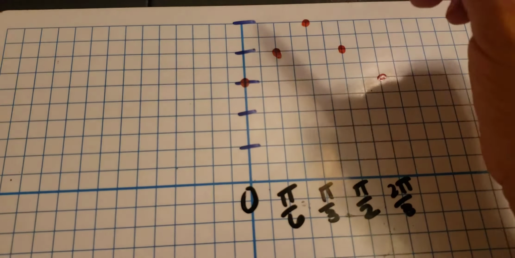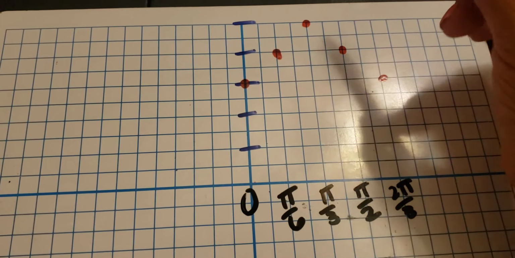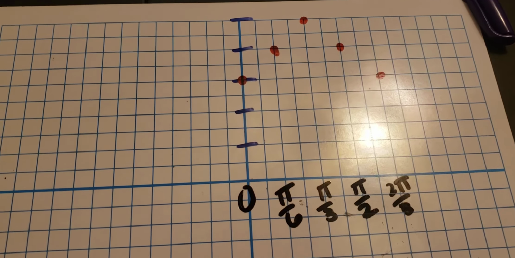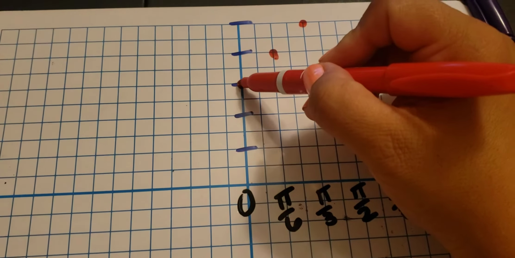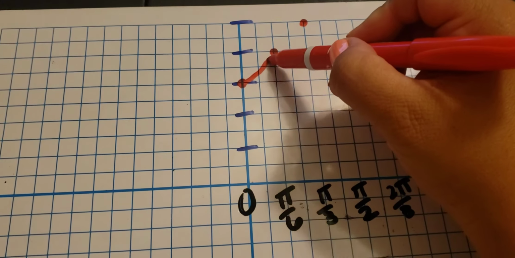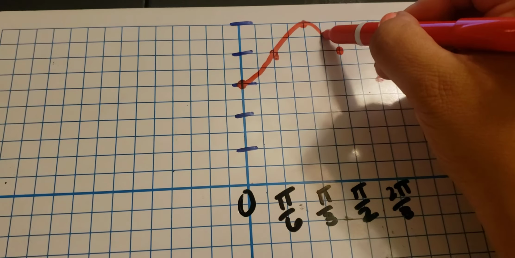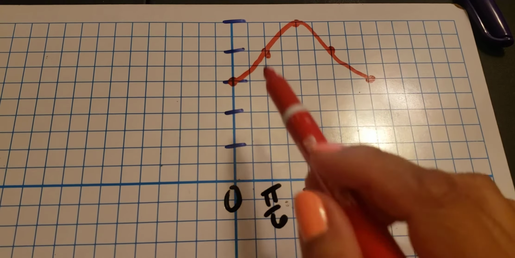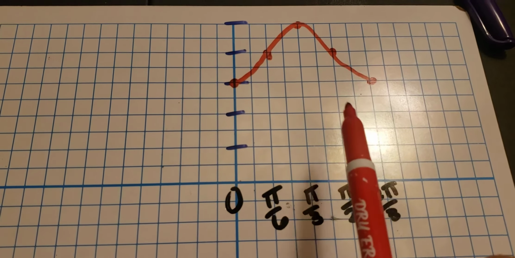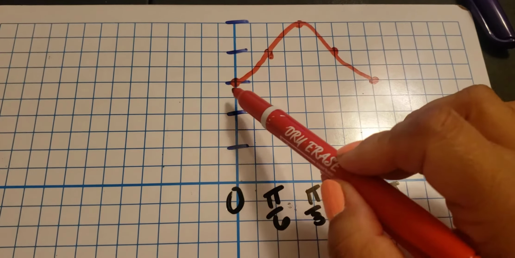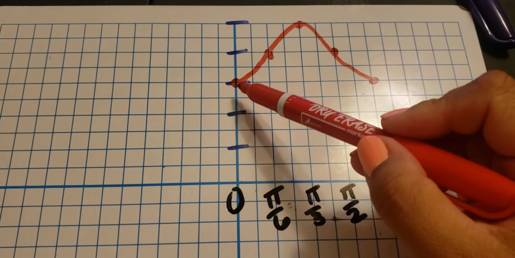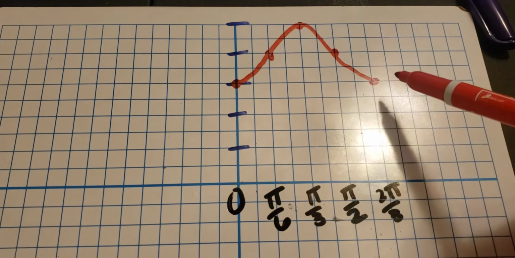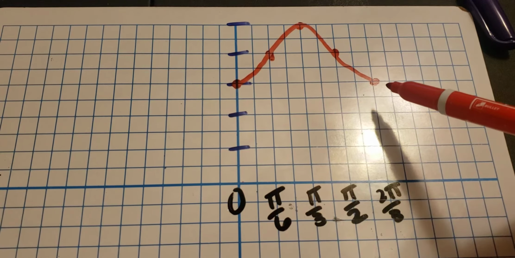Basically, it will look like this. And this is one full cycle. Normally, it would have been going down and then up, and that would have been a full cycle.